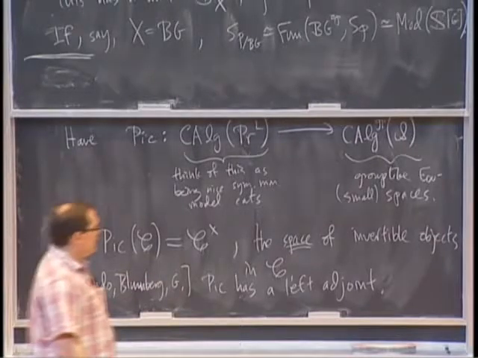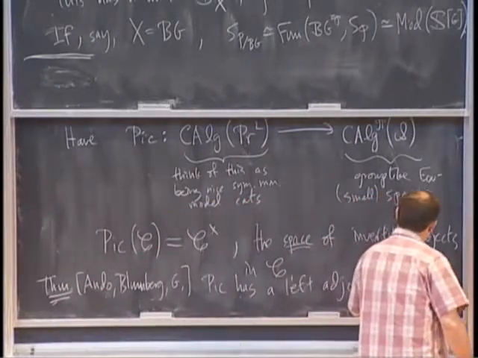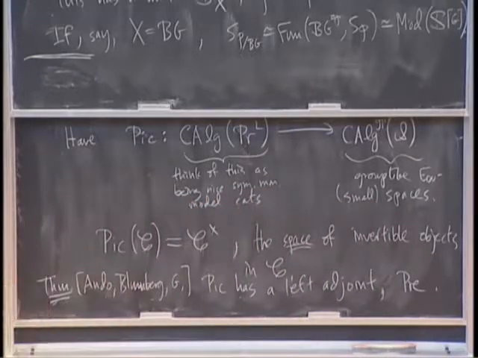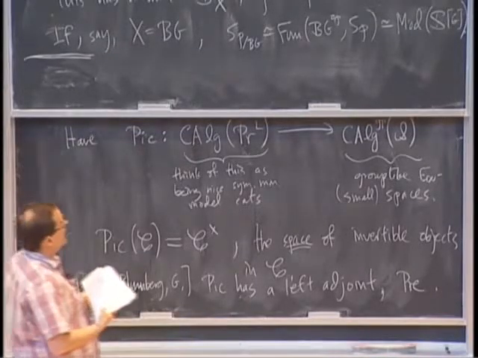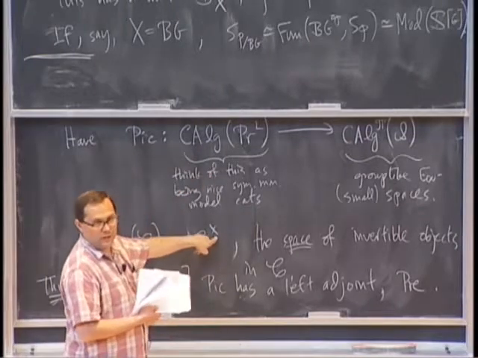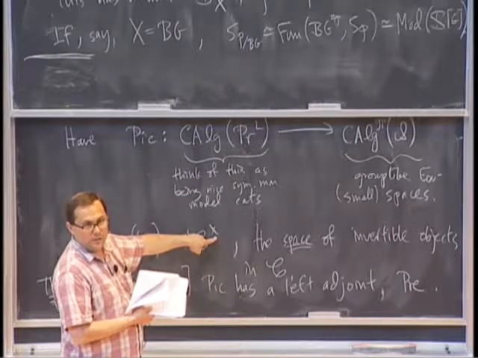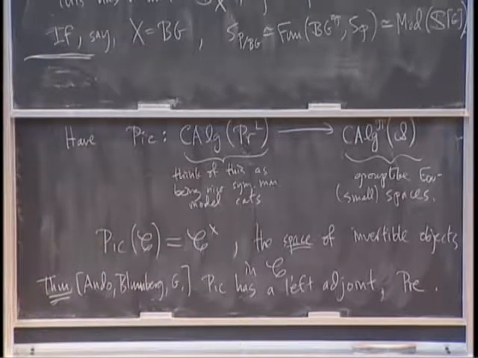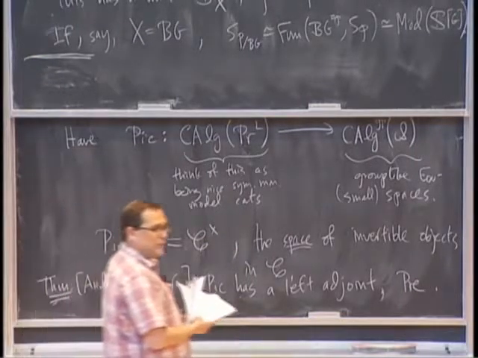And this left adjoint is presheaves. Why would it be so if it took, say, S? Then I take all spaces and all equivalences. Well, these are the invertible objects, the only invertible objects. I'm sorry. So Pic has a left adjoint and it's presheaves.